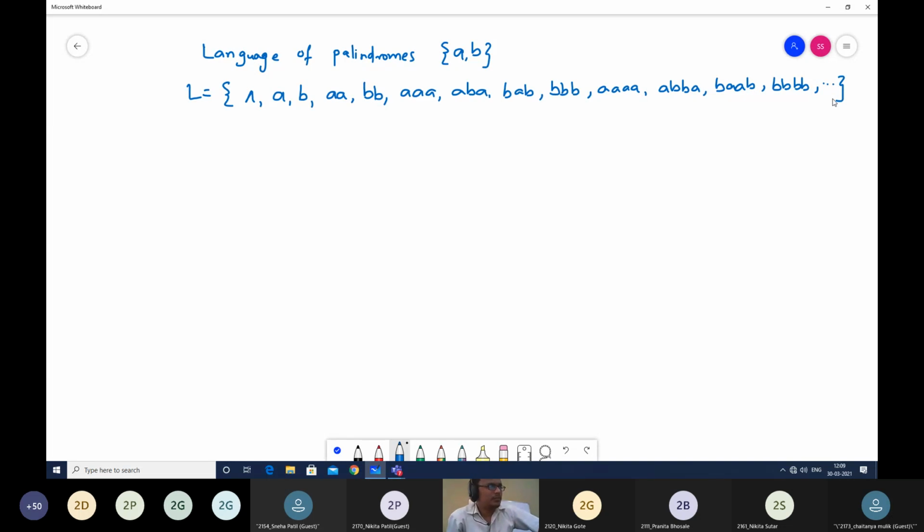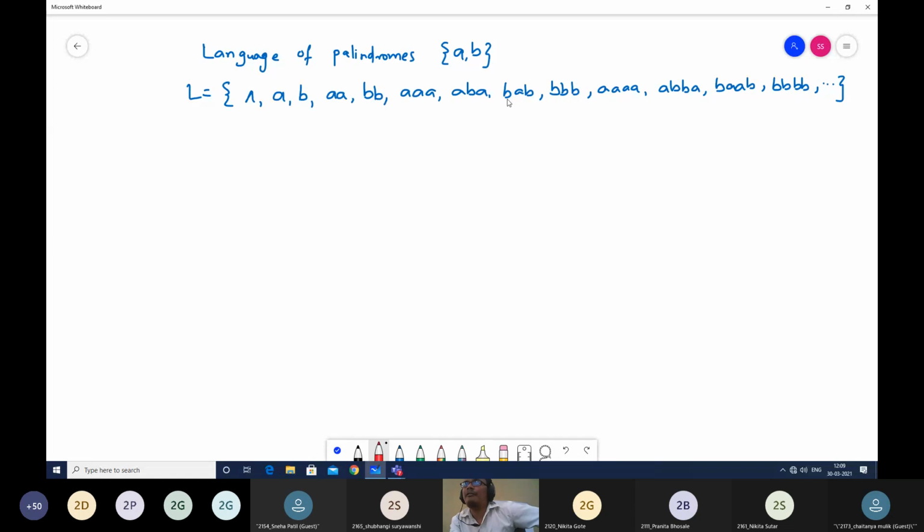So now, my dear students, if we closely observe these examples, if I have the first symbol as A, then I have a corresponding A over here, right? So for every A, I have an A matching.